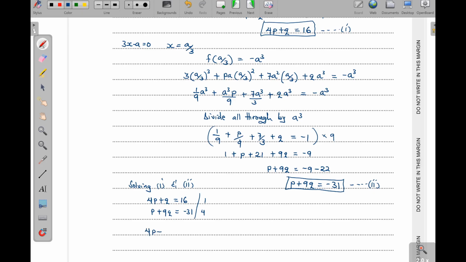So we have 4p plus q is equal to 16, then 4p plus 9 times 4, that is a 36q, and then 31 times 4, 30 times 4, that is 120. Not so. So it will be 124, negative 124. So I'll subtract here to let go of p.